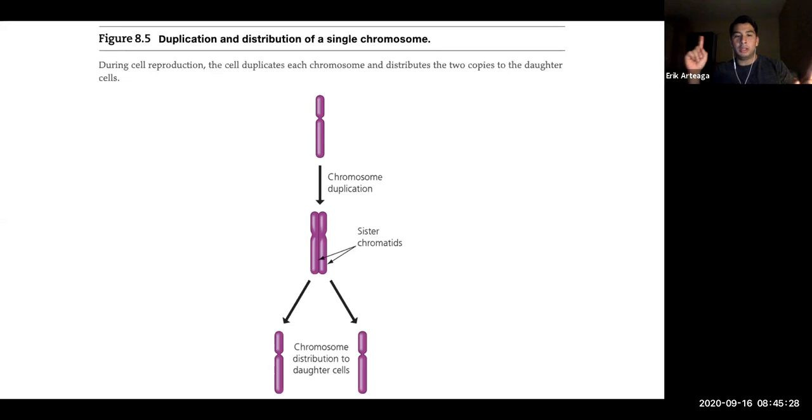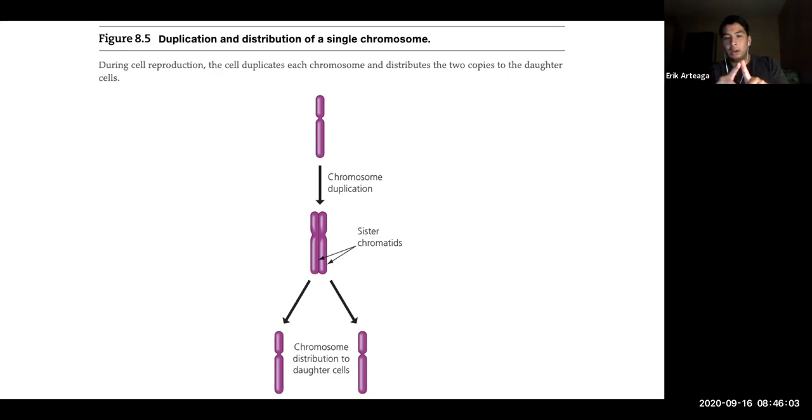So let's say mom donates eye color, dad will donate another chromosome with eye color. Those two will come together, and either the dominant gene will take over and show that eye color, but they're different chromosomes that house the same genetic information. So they both will have eye color, digestive something, your allergy to gluten, I don't know, doesn't matter. They're going to have the same genetic information, and they're going to come together to make up that one homologous pair, but they're separate.